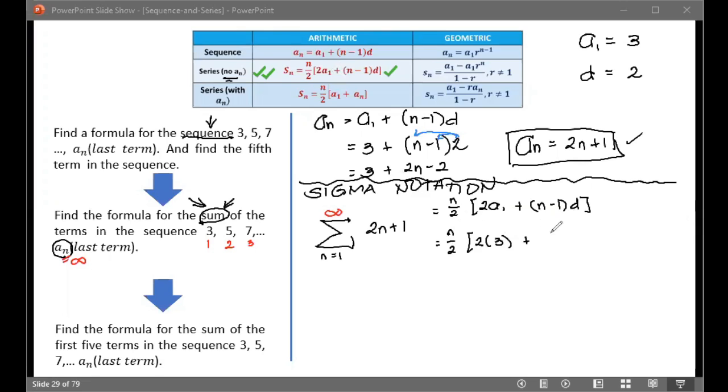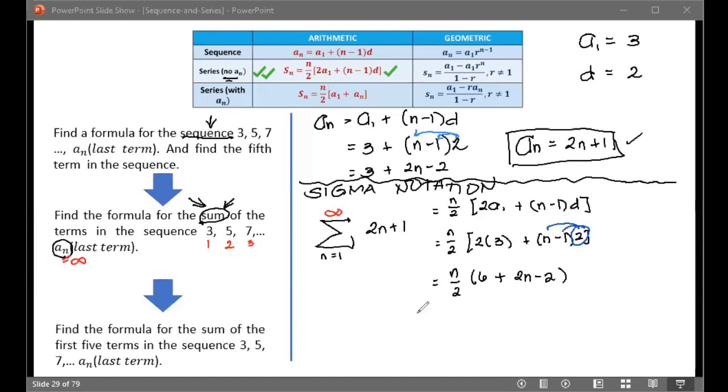You might be wondering, ma'am, bakit hindi po nag-substitute sa n? Kasi nga, we are just deriving the formula. Simplify that. We have n over 2 times 6 plus 2n minus 2. Ma'am, saan po galing si 2n minus 2? We distribute 2 to every term here.